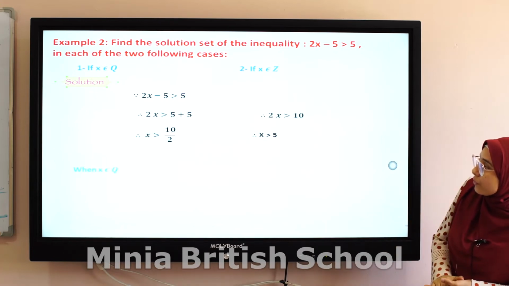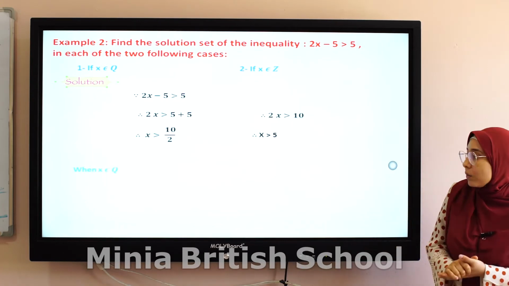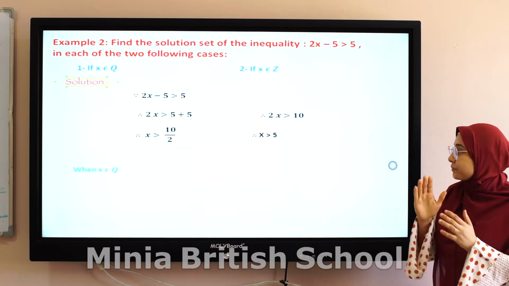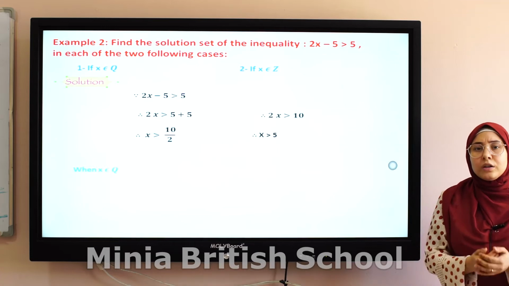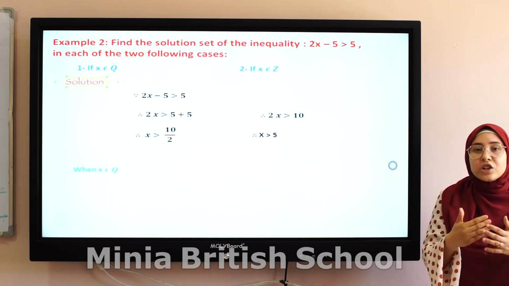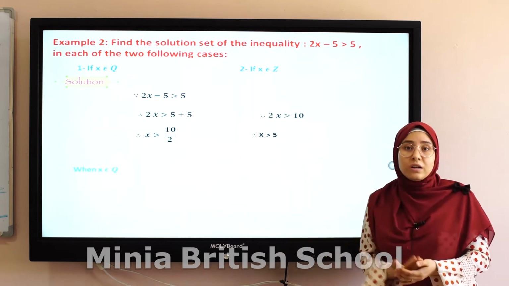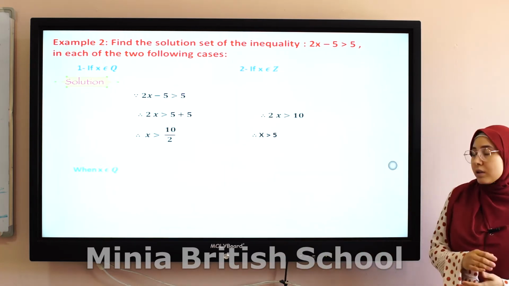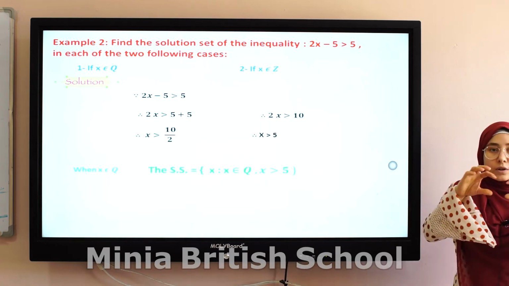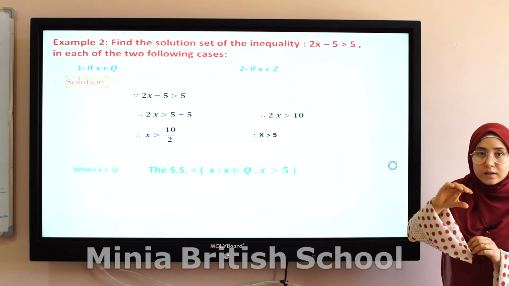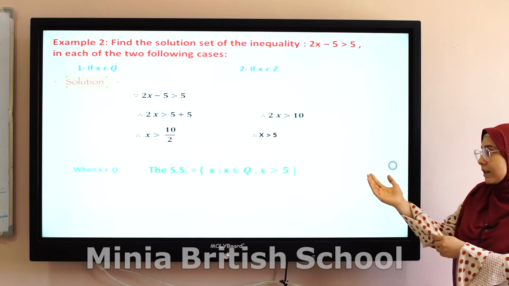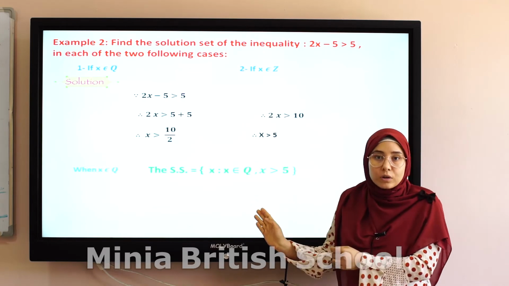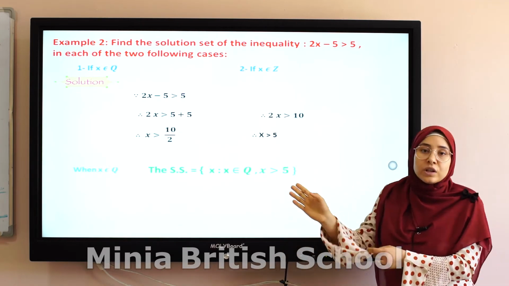Now I need to find the solution set when x belongs to the rational numbers. Here I have many rational numbers greater than 5, and it is difficult to list all these elements. So I will use the description method to write the solution set like this. The solution set equals x where x belongs to the rational numbers and x greater than 5.